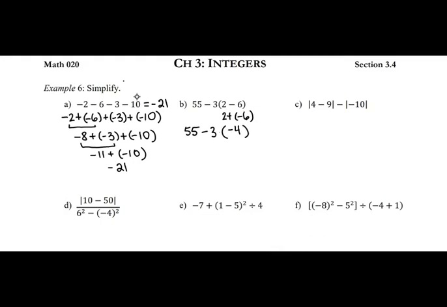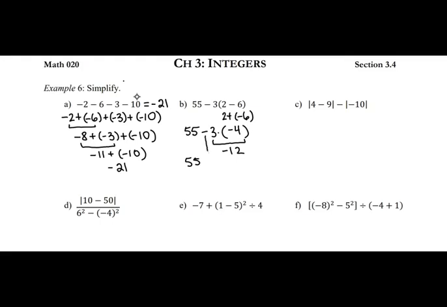Okay, so that's a multiplication. Don't forget about that. All right, so now I have the multiplication, and I have subtraction. So I'm going to do 3 times -4, which will give me -12. So I'm going to write down 55.